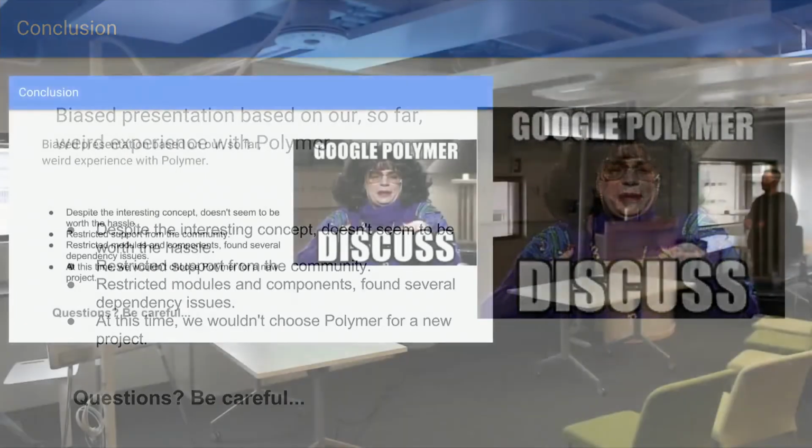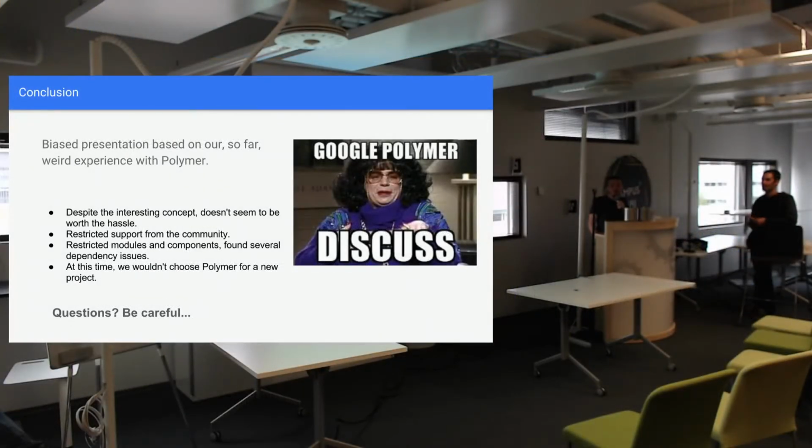So the point is that there are better things out there, and Polymer hasn't been evolving as expected so far. So I don't really see a point. If we would start a new project right now, would we use Polymer? It's just not worth the hassle. It's okay, it does what it does.